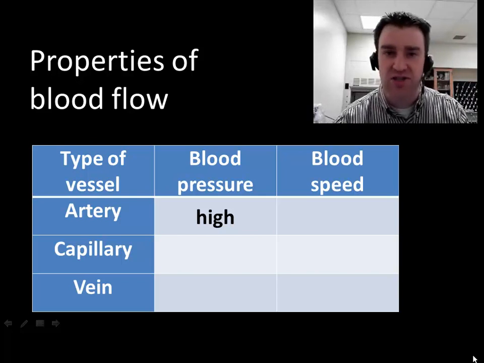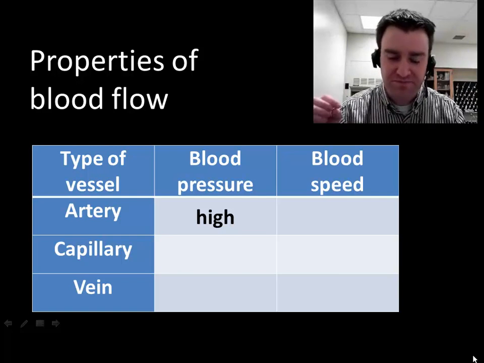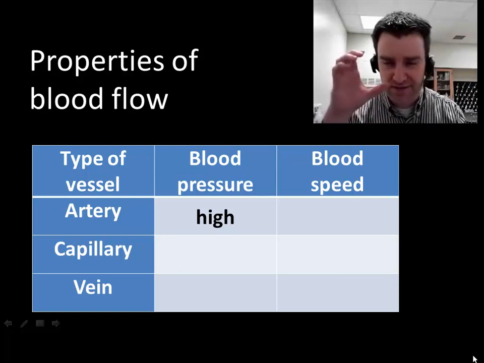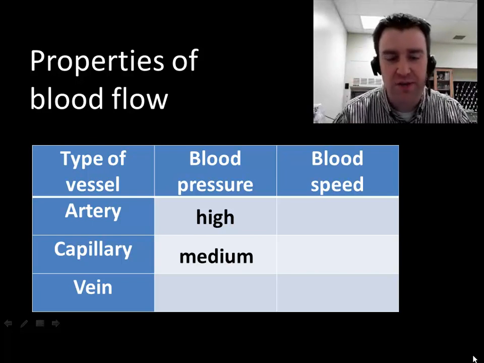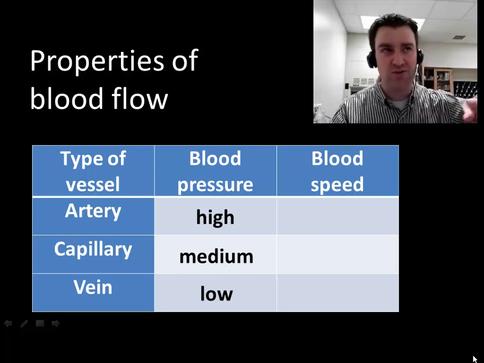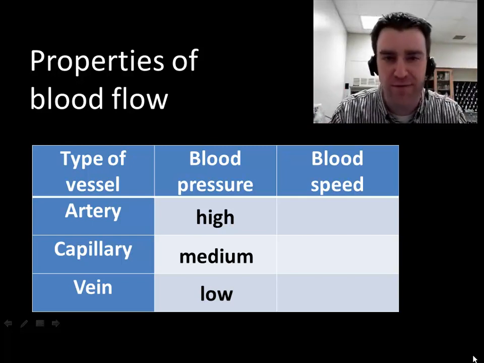And then pressure slowly drops as you get further and further away from that push. The liquid's going to meet resistance and sort of other factors that eventually drop the pressure. So it drops in the capillaries, and the pressure becomes very low in the veins because the veins are sort of returning blood to the heart. So you can think of them as being furthest away from the push.